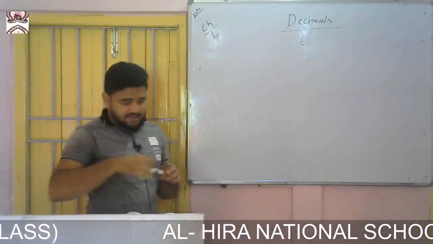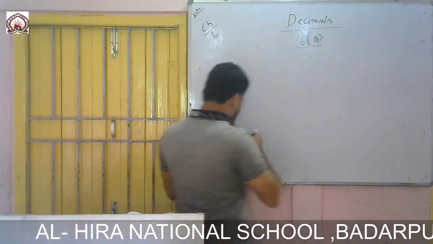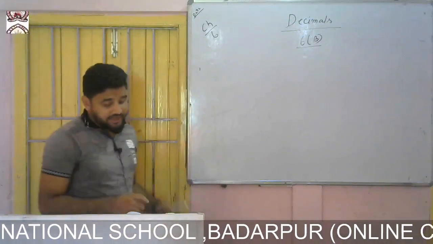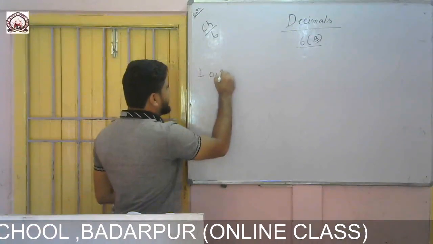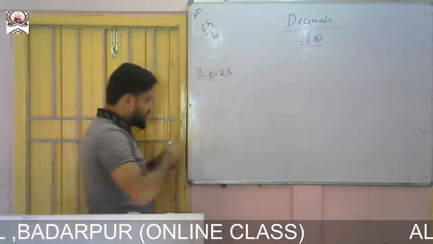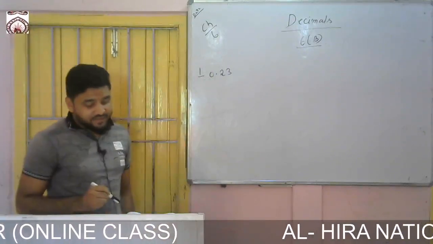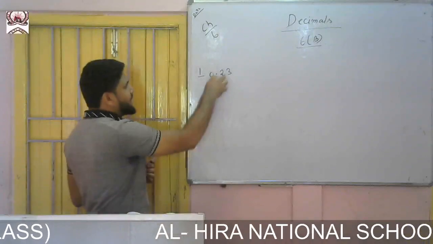So in exercise 6B, what is there? Question number 1, 0.23. Whenever you write a fraction, you directly omit the point.